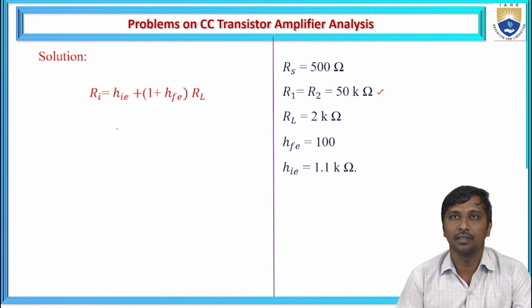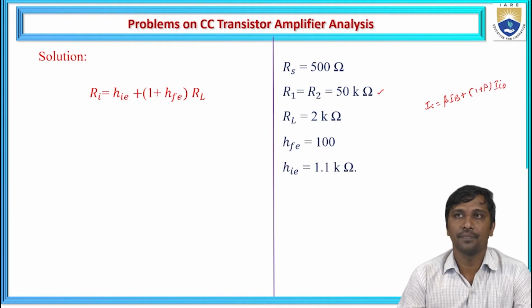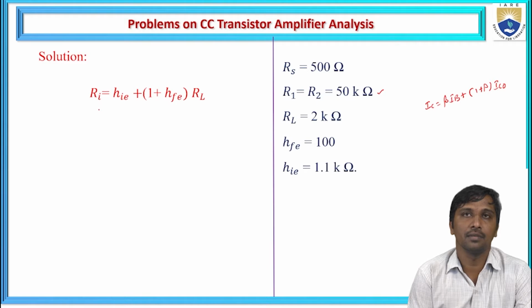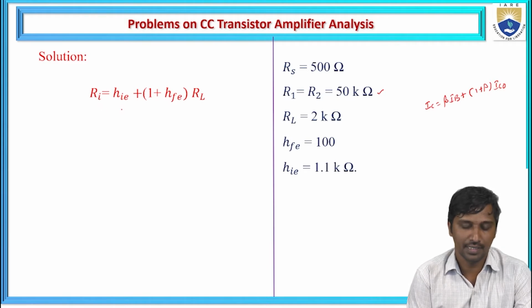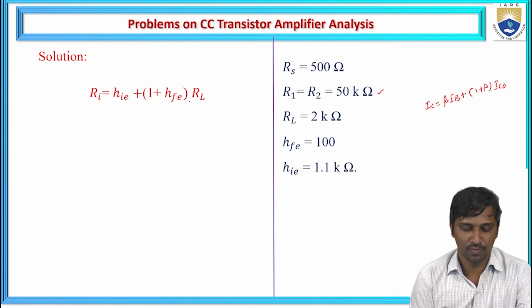The output side is represented as IC equal to beta times IB plus 1 plus beta times ICO. Then, based on the small signal model analysis, Ri is represented as HIE plus 1 plus HFE times RL. HIE, HFE, and RL are known parameters. Now we need to substitute the given values.